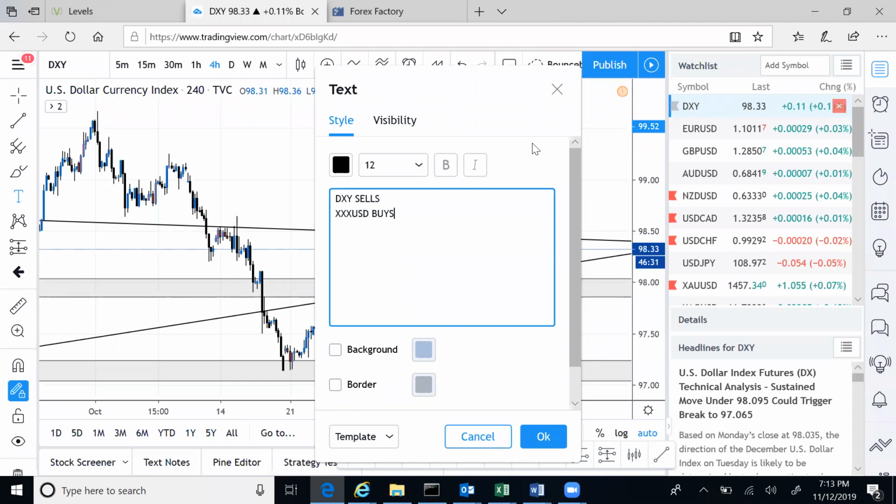If the DXY buys, it means that anything XXX USD sells. Same thing again, going back to the top: if the DXY sells, it means that USD XXX sells as well.